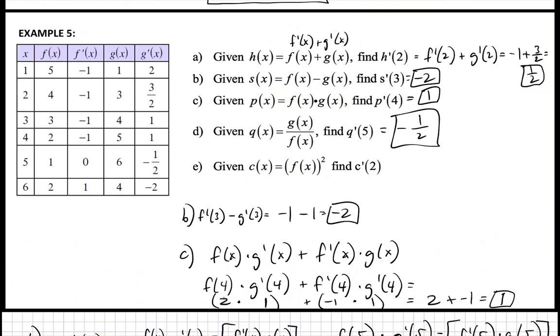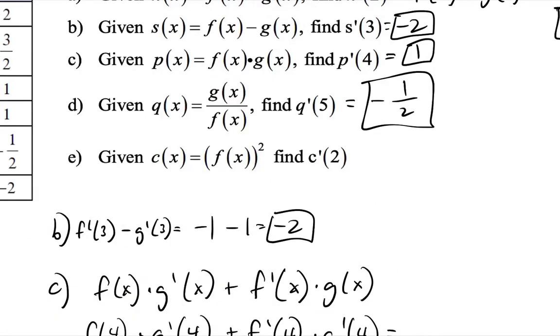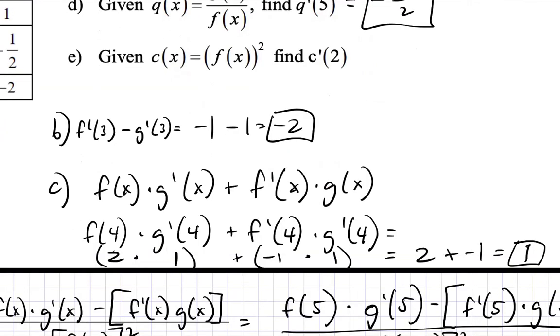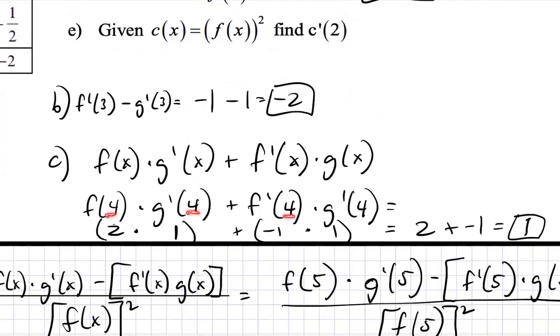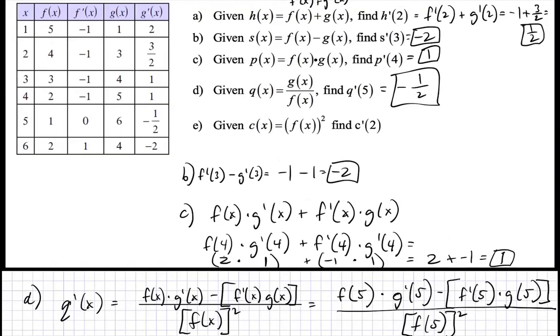C, sure. Let's see what I did for C. So C is F times G, right? So f of x times G prime plus F prime times G. And then they're looking for 4, so I plugged in 4. F of 4 is 2. That's where I got that 2. G prime of 4 is 1. That's where I got that. F prime of 4 is -1.